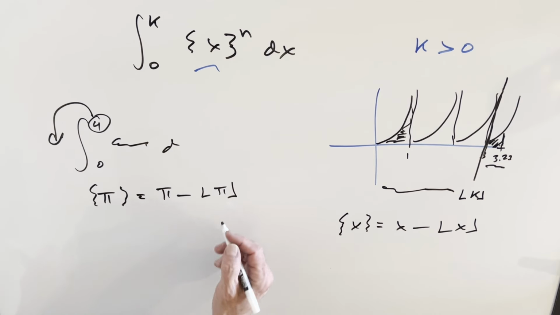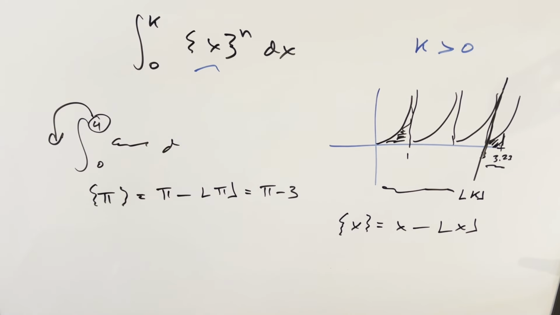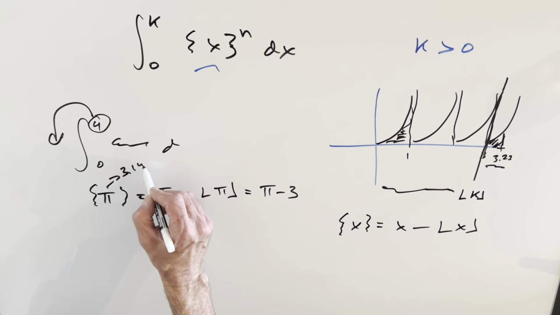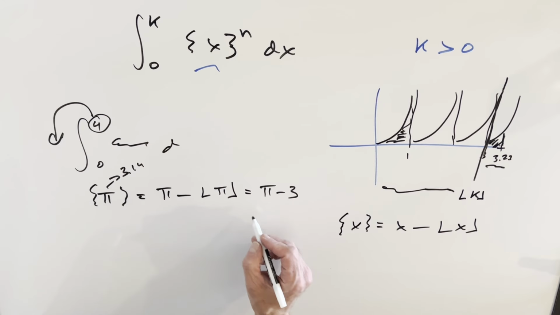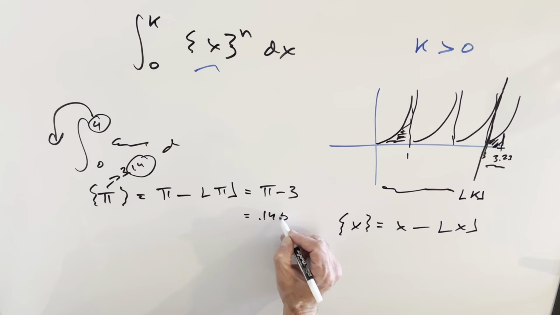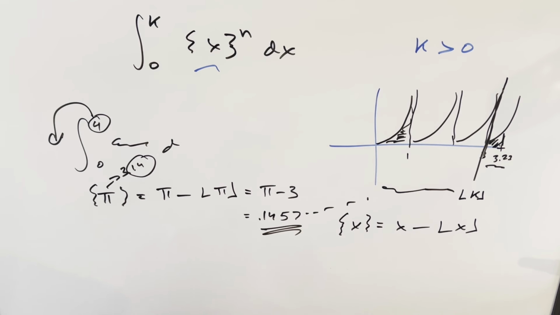But the floor of pi is just 3. So we end up with pi minus 3. I don't know if this is the best example, but we just want to think about pi right now as 3.14 something. And then we're just left with this part, the 0.14, which in reality has an infinite number of digits that I only know 4 of.